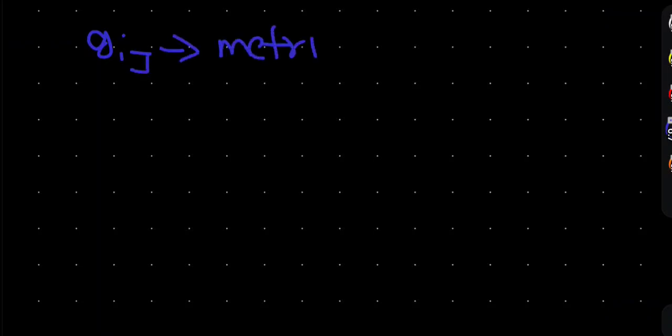Be careful with the indices and some of the basic rules that we use in general relativity. First of all, let me clarify the notations that I will use here. First is this, which is generally called the metric tensor.